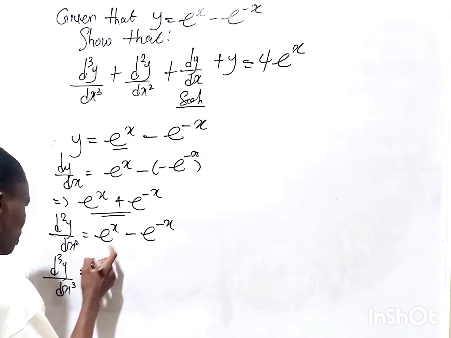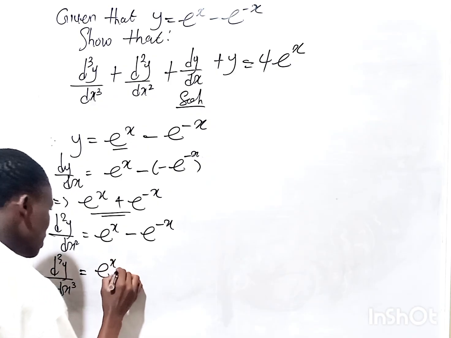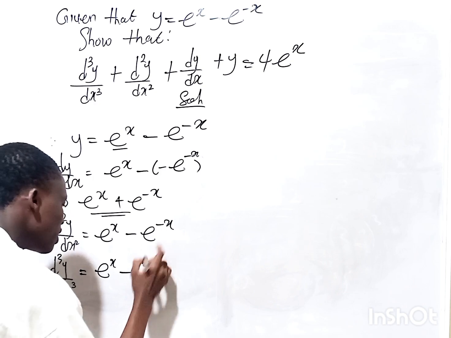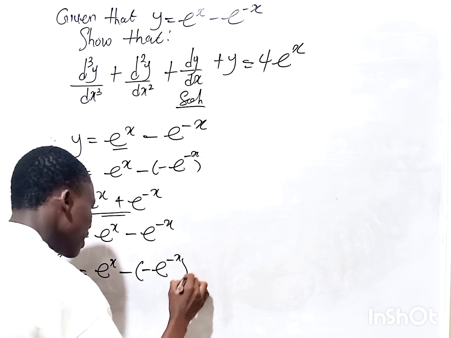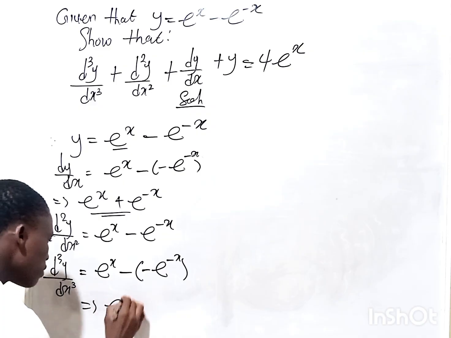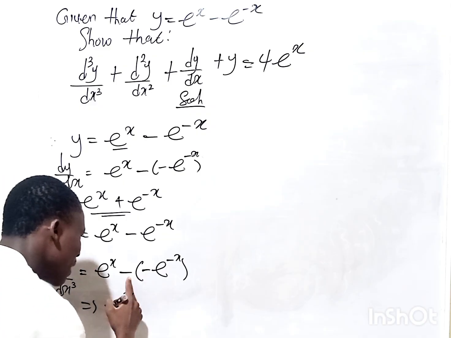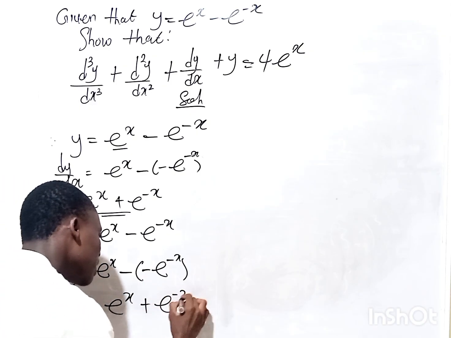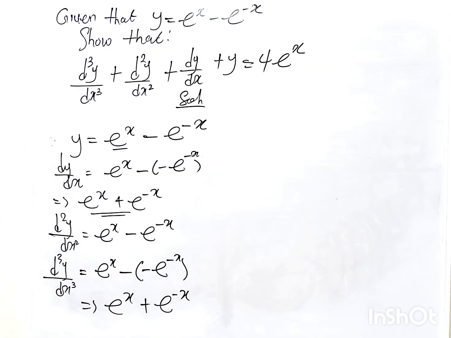If we differentiate this, we have exponential x minus, if we differentiate this, minus exponential negative x. So therefore, our d cube y becomes exponential x plus, minus times minus gives us plus exponential negative x. All right, so let's proceed from here.